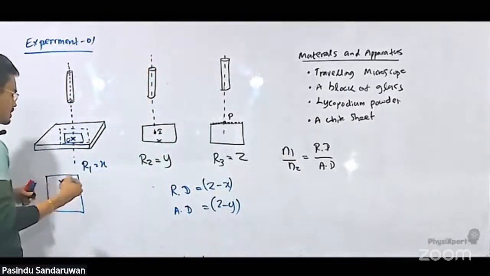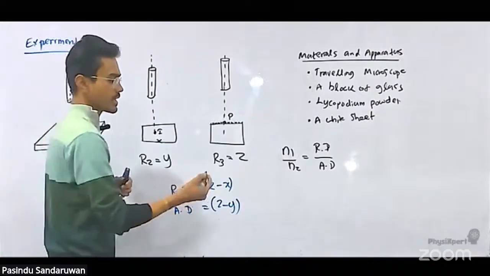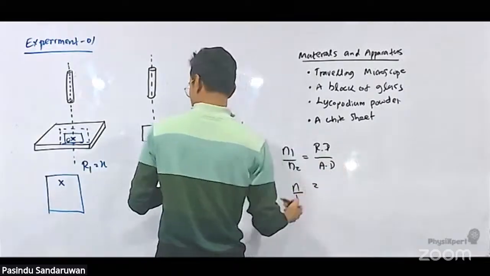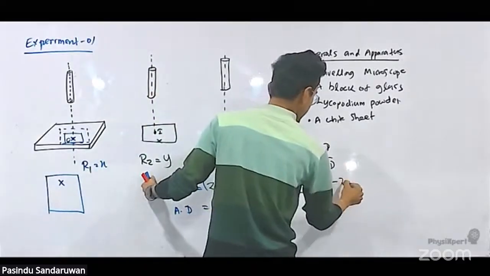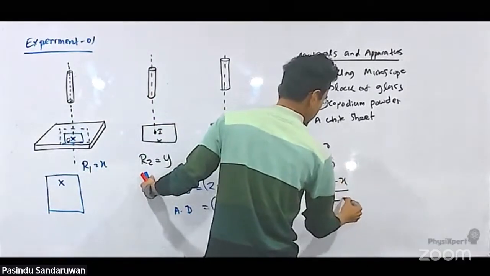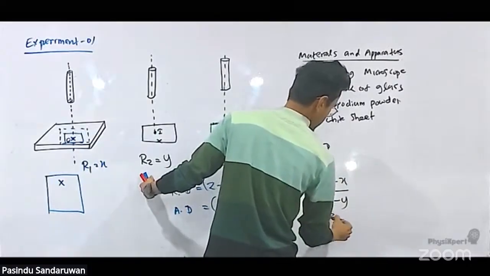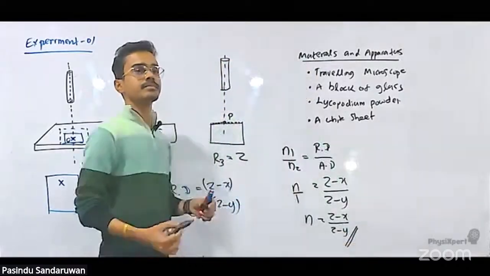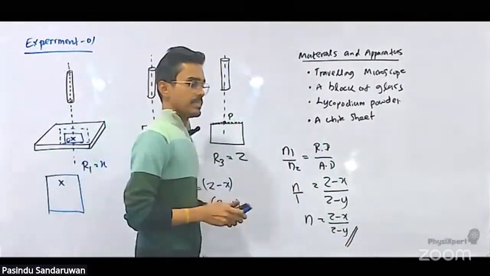Let's assume n of the glass block as n. Then n equals, with n2 as 1, real depth z minus x over apparent depth z minus y. Simple thing.